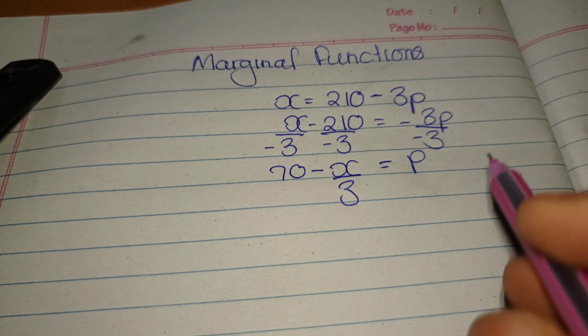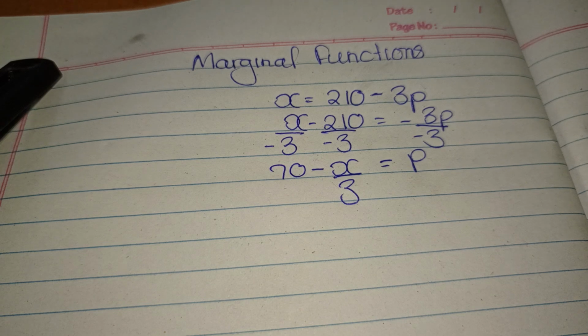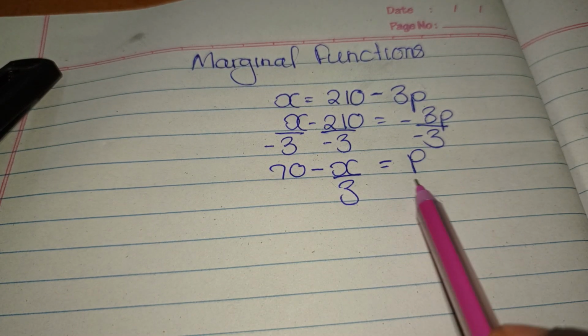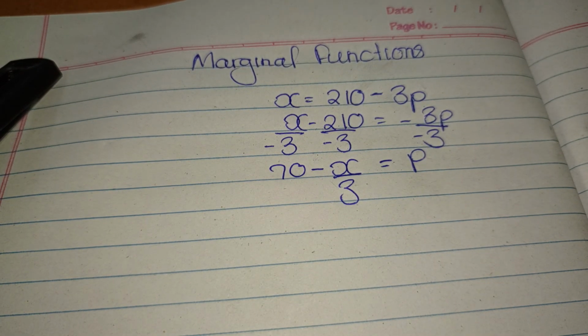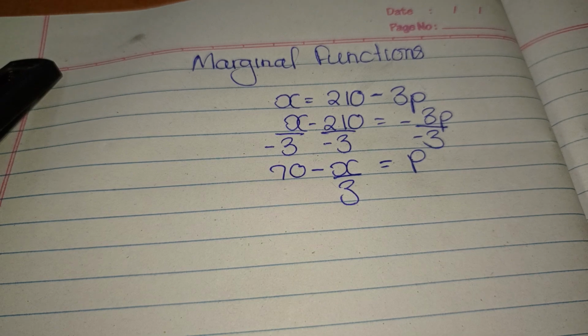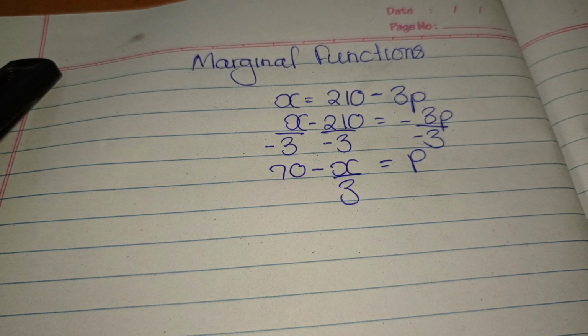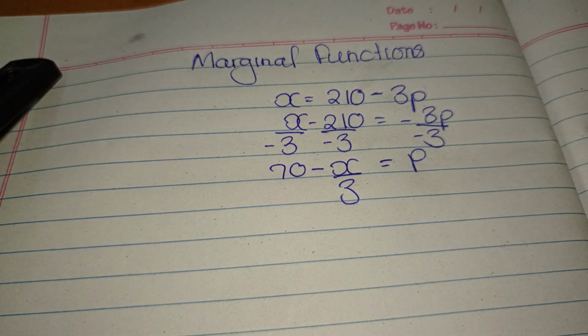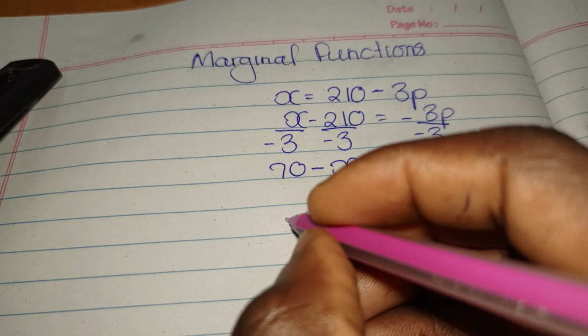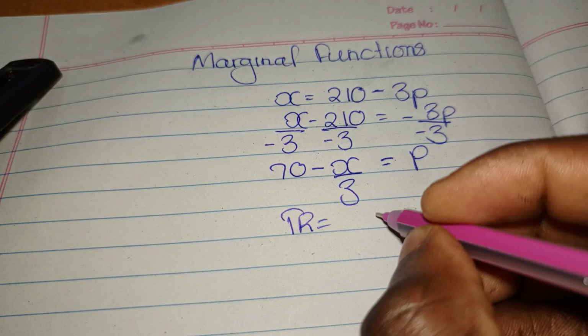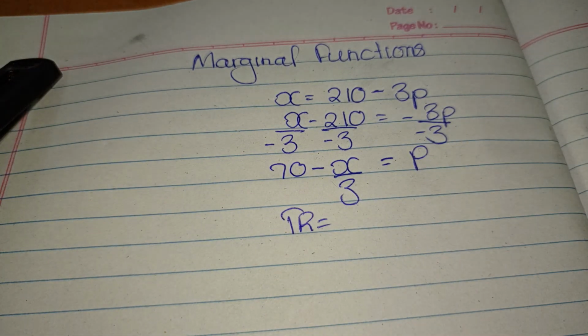Remember from the preamble of our first video, we said it is from the demand function that we can derive the total revenue together with the marginal revenue. To derive the total revenue, we multiply the demand function by x, where x is the quantity.